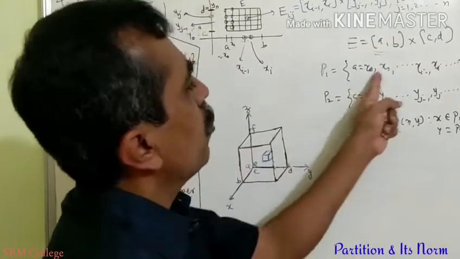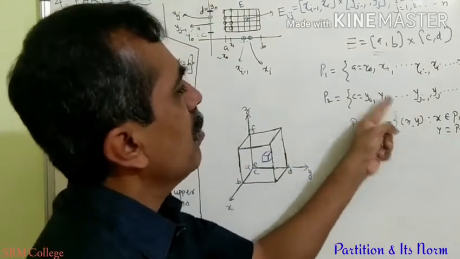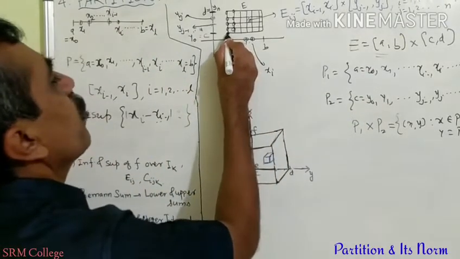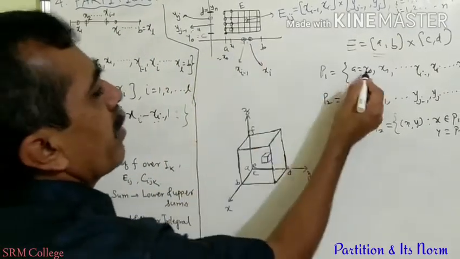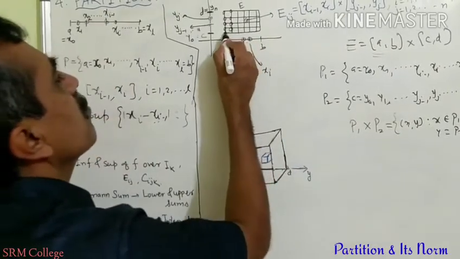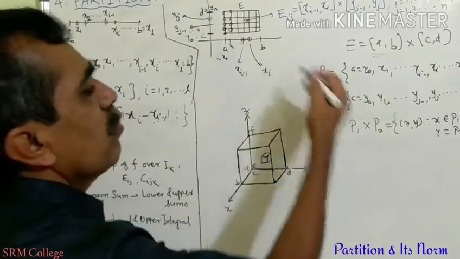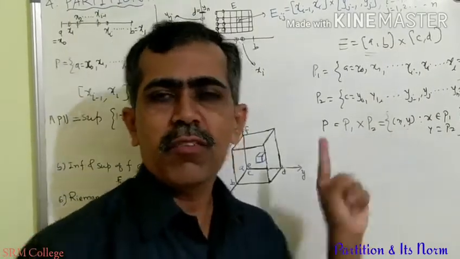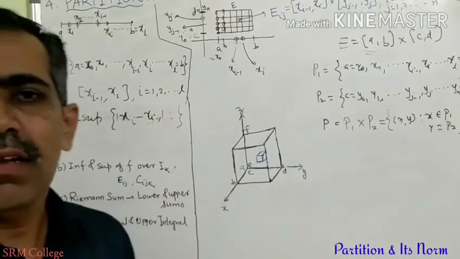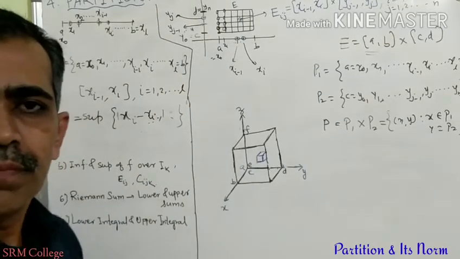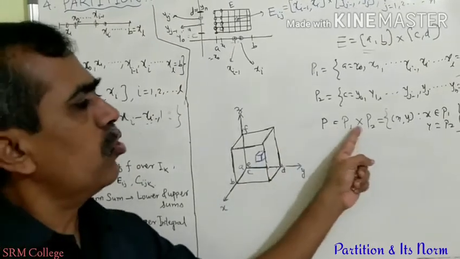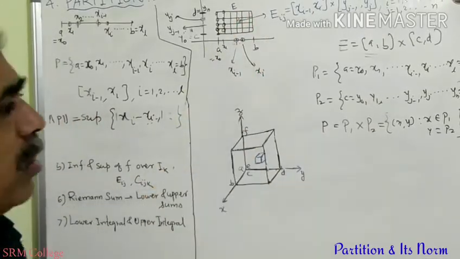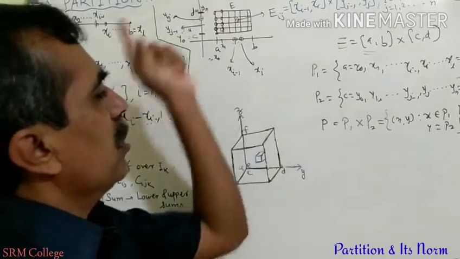For example, x0, y0 is this point, then x0, y1 is this point. This is how you will have all the points. Such a collection of points is called a partition of the rectangle E. So the Cartesian product of these two forms a partition of the rectangle in R2.